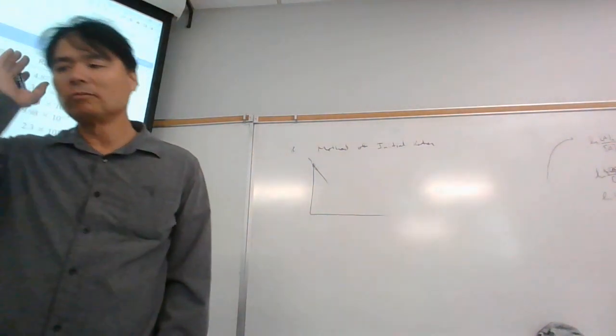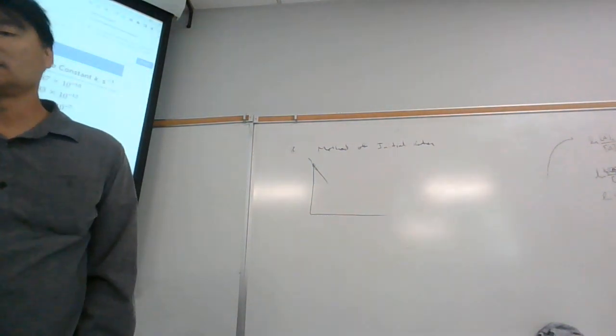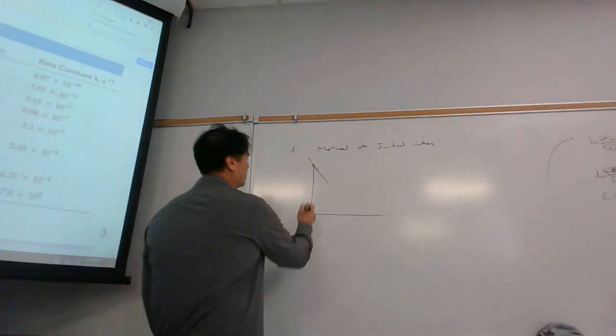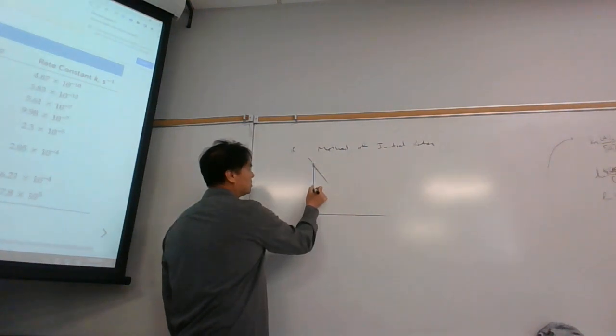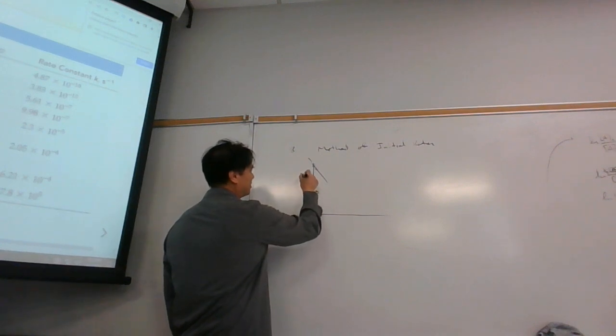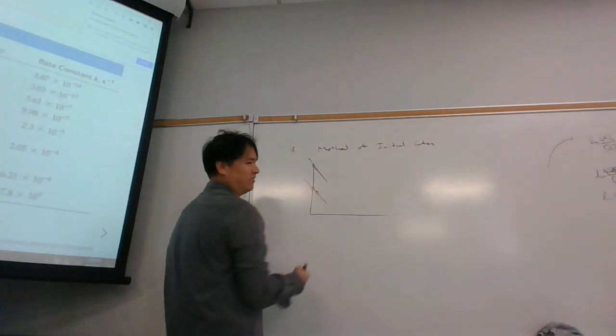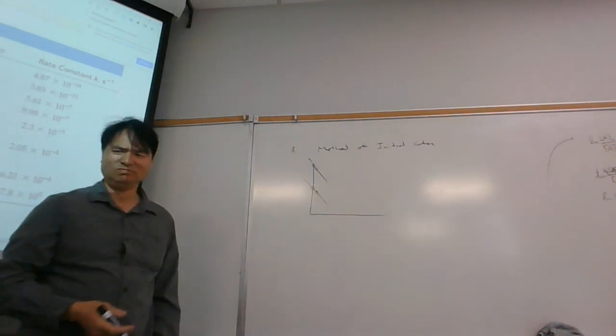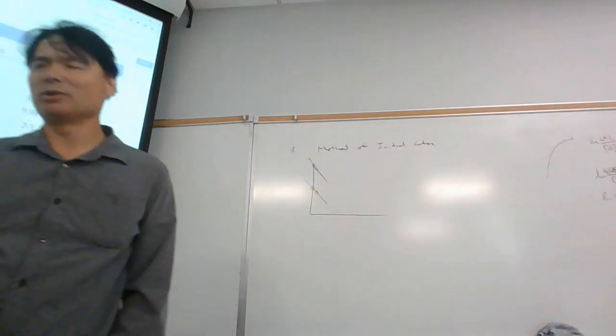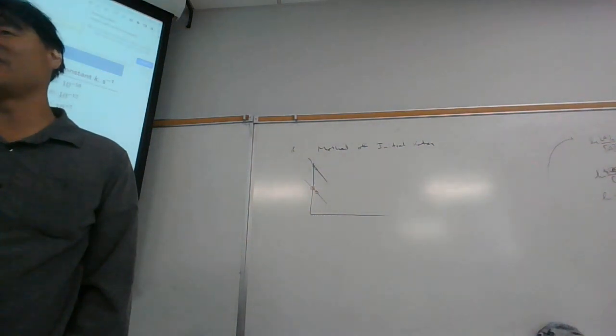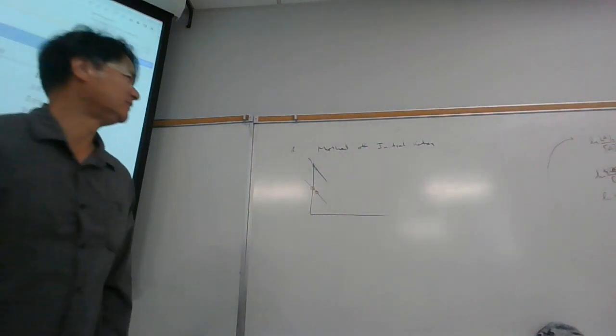And so that's run 1. And then for run 2, we'll cut the initial concentration in half, and then see what happened to the rate. If the rate didn't change, that is, run 2 and run 1 have the same initial rate, then you know it's zero order, because we cut the concentration in half and nothing happened to the rate.